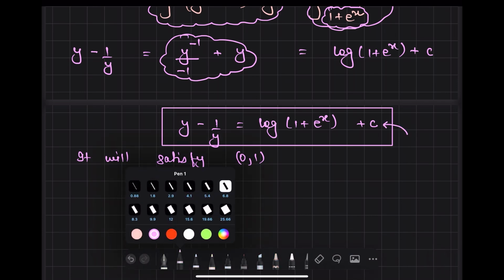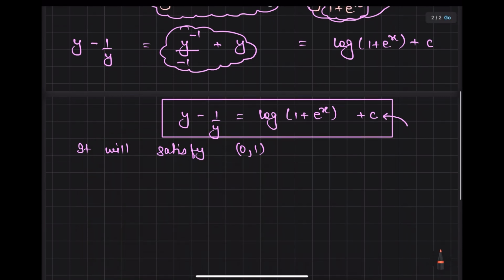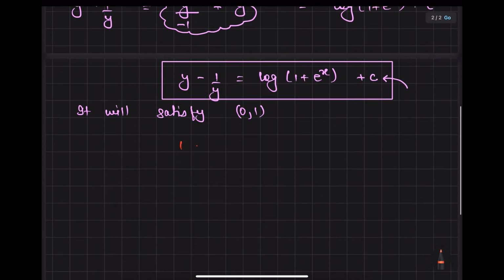So let's use that value. So y is 1, so 1 minus 1 is equal to log of 1 plus e power 0, which is 1, plus c. So this thing is gone. So the value of c becomes what? It is minus of log 2.